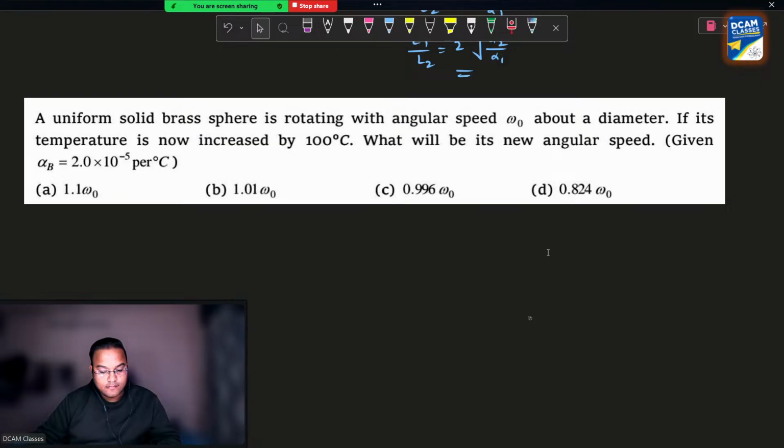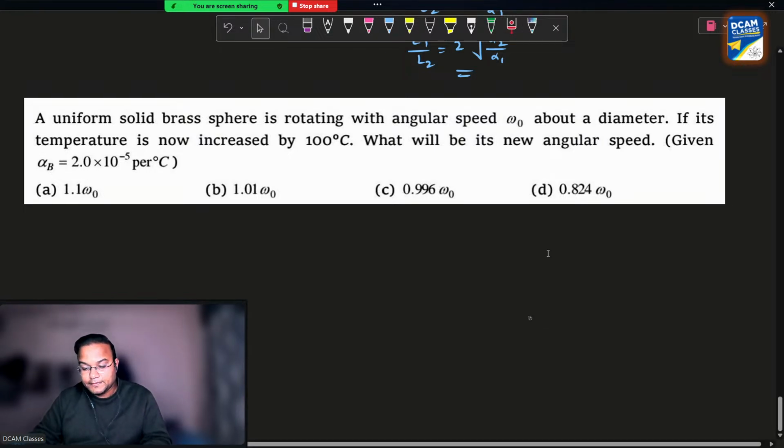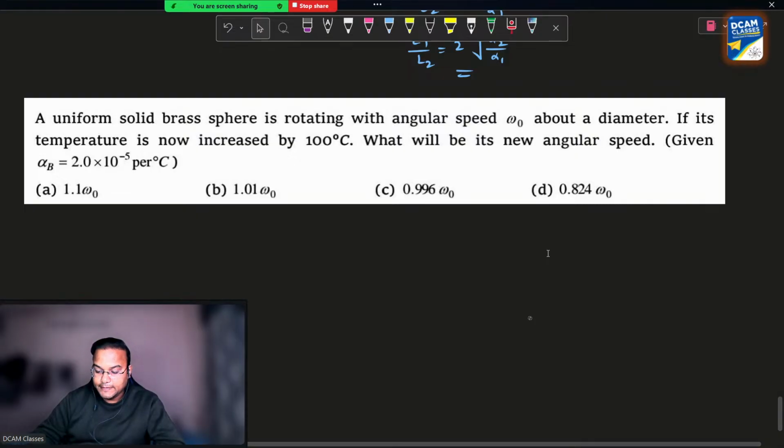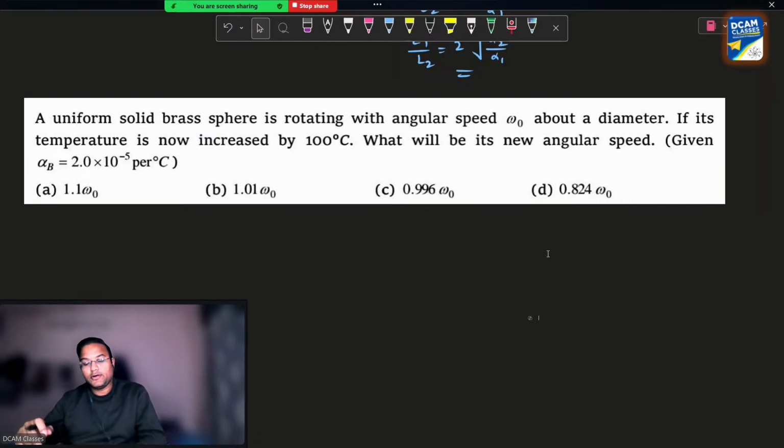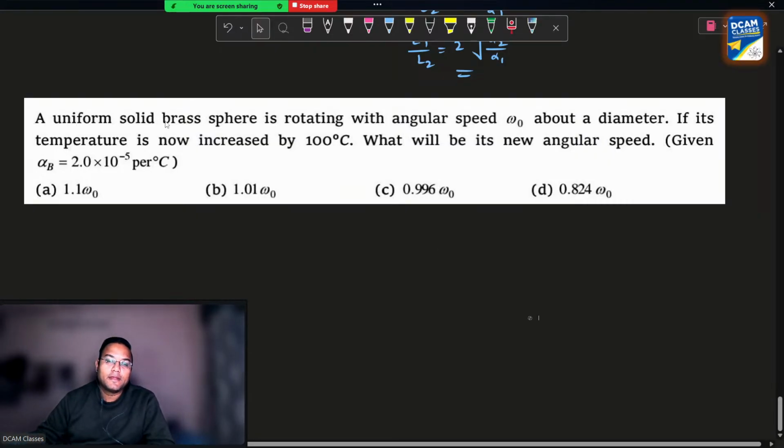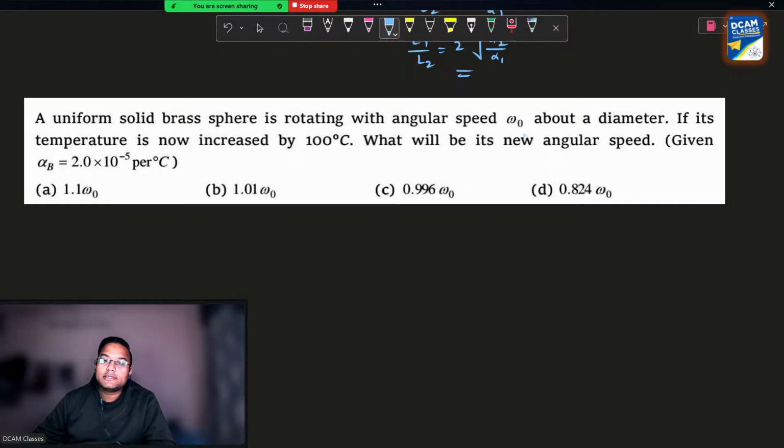Sir, how do you find out omega in this? See, what is actually happening? A uniform solid brass sphere is rotating with angular speed omega about its diameter. Its temperature is increased.